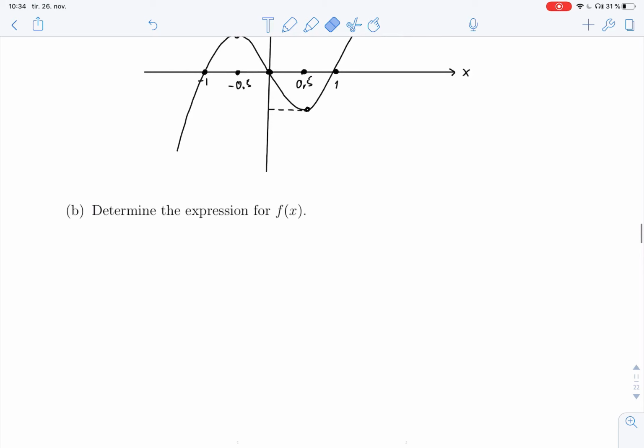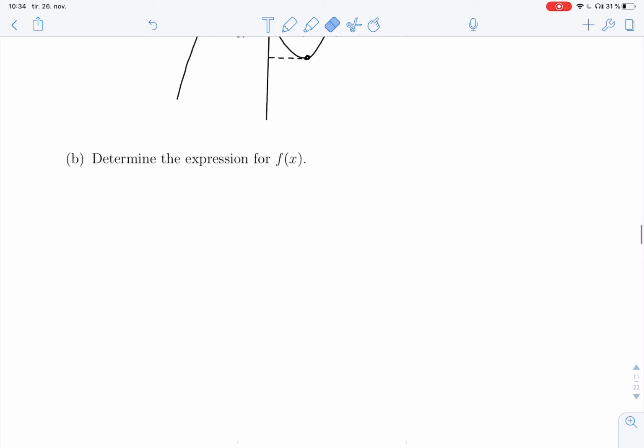In B, we want to determine the expression for f of x. Okay, well, f of x has to equal the integral of the derivative of f. Because if we differentiate f of x, we get the derivative, and if we integrate the derivative, we go back.